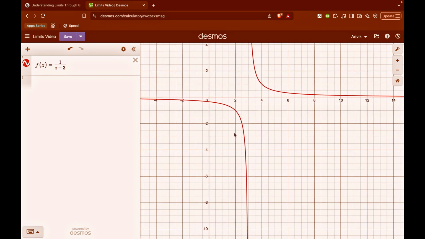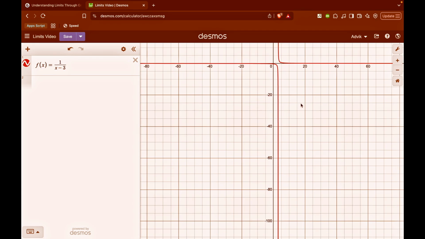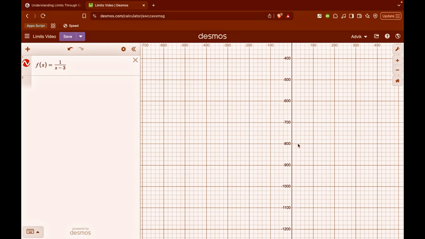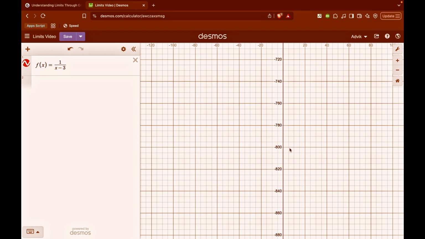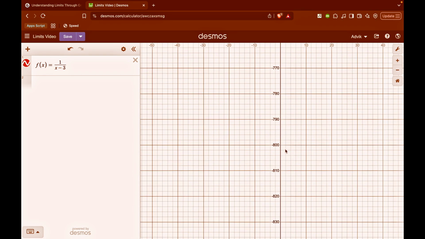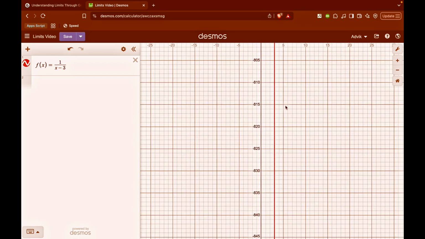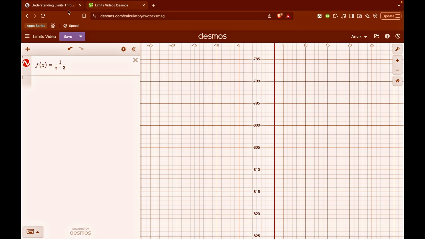Now, if we look at it from the right-hand side and do the exact same thing, if we zoom out a lot and then go to around 1300 or 800 in this case, we're going to find that it starts to go closer and closer to negative infinity, and the line is basically almost straight by the time it reaches 3.